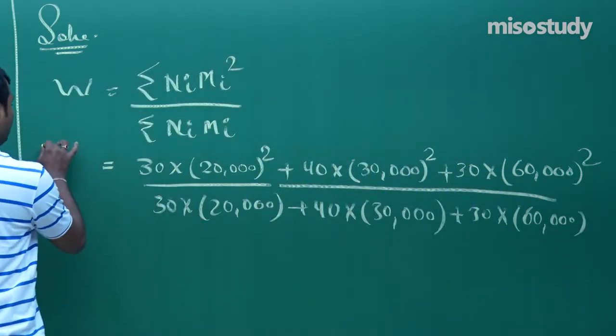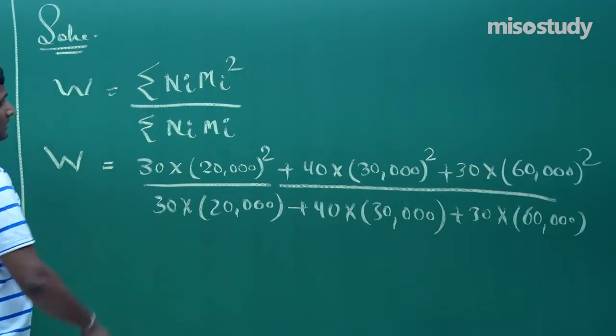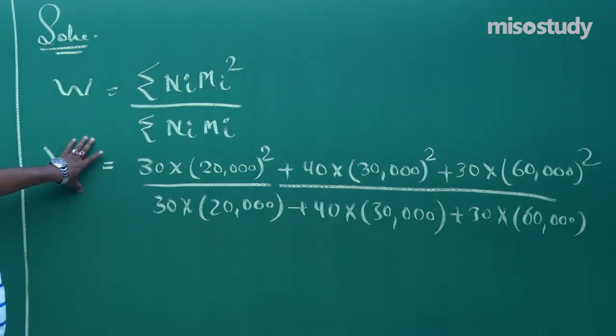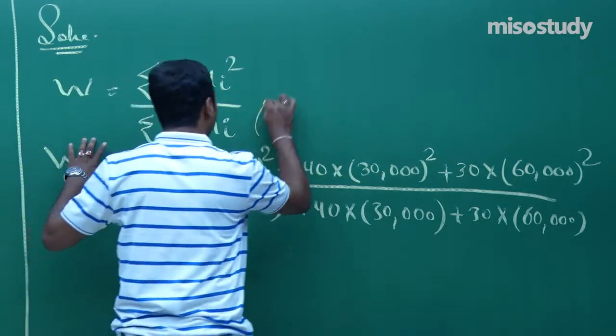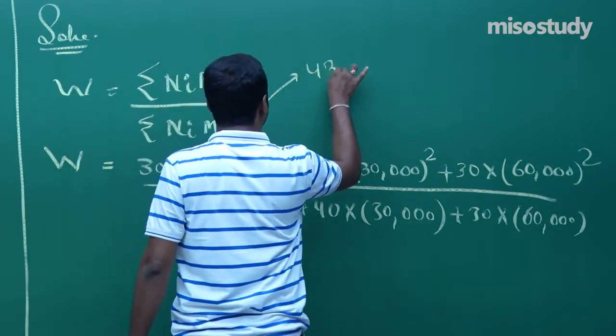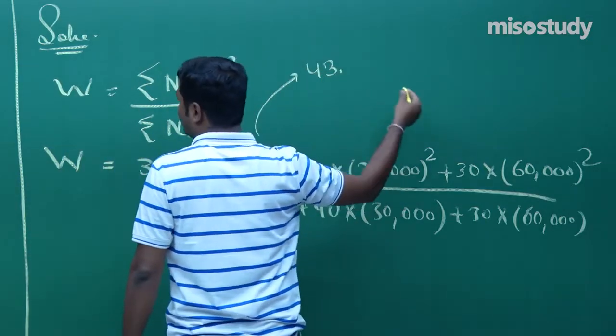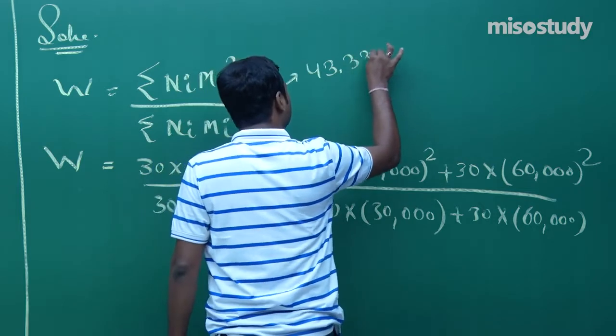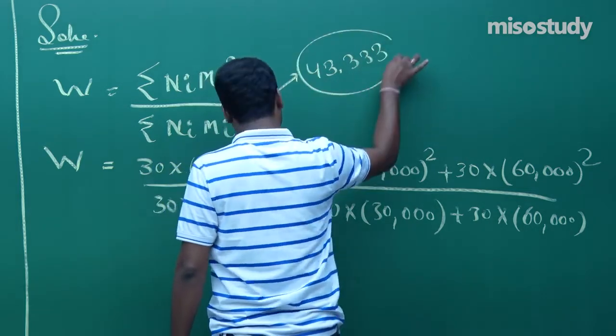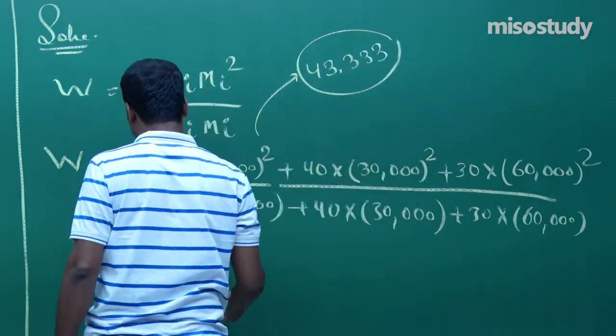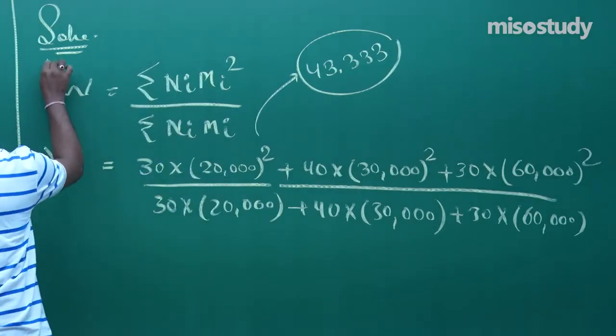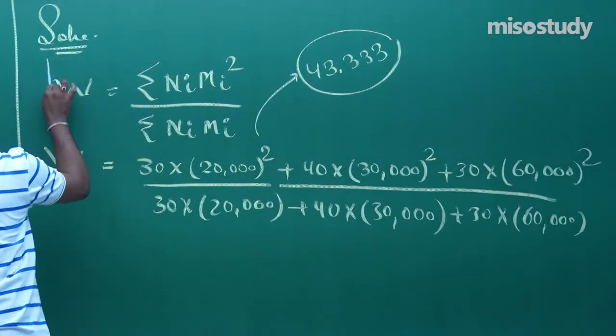If we solve this complete form, then what do we get? The value is around 43,333. So this is the formula for such kind of questions.